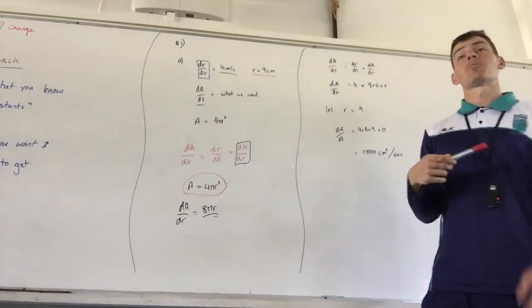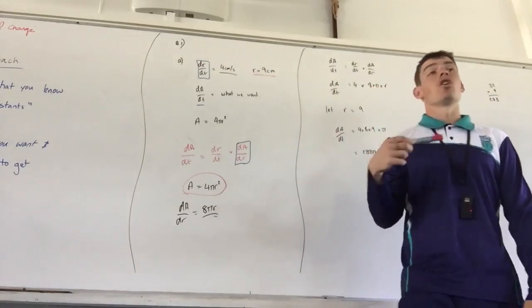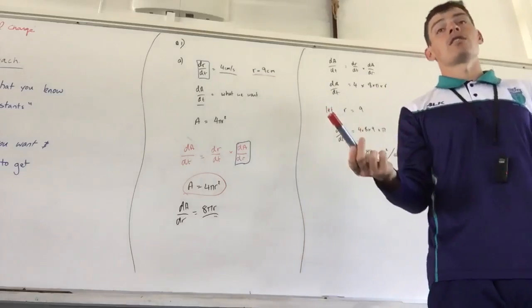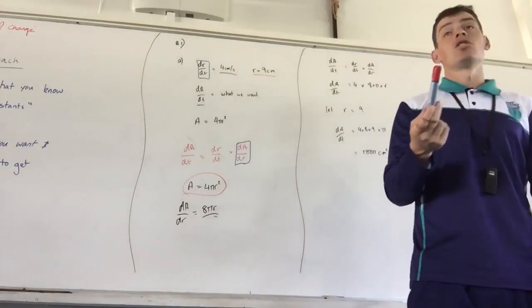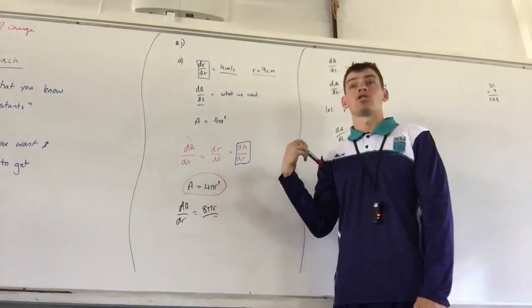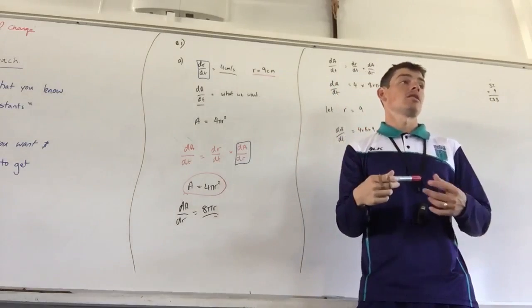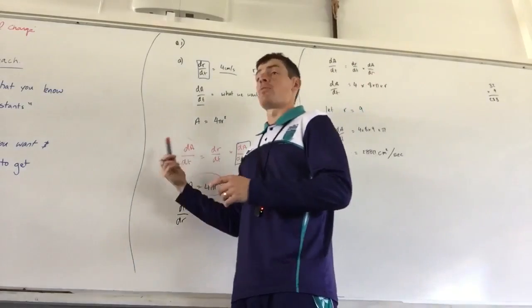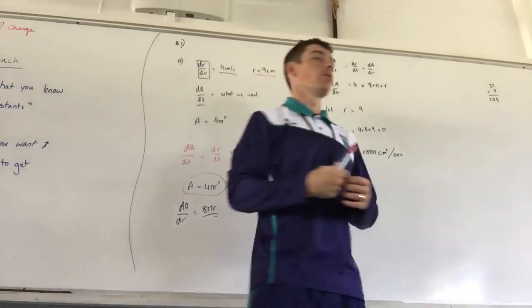So in that case, they'll probably give you some information about h, where they'll say the height is twice the r. How would you do that? Let h equal 2r. If they gave you a value for h, you would sub that in for h. So you'd let h equal 10, for example. Does that make sense? So there's no one-size-fits-all approach to this, but if you follow the general process over here, you'll get yourself out of trouble.